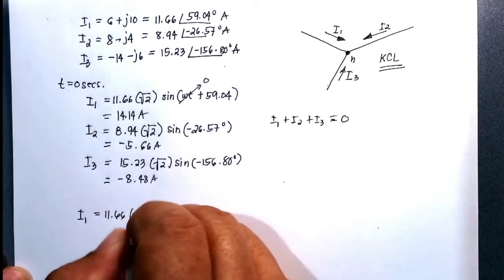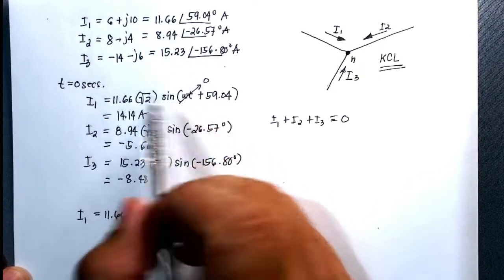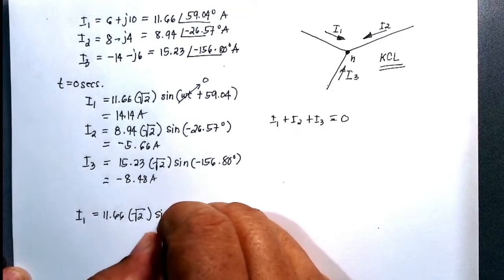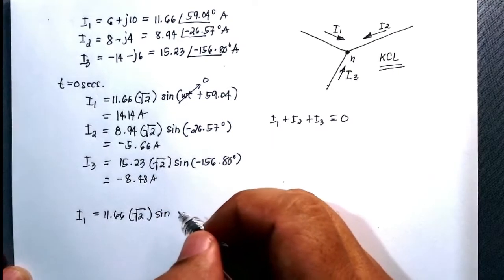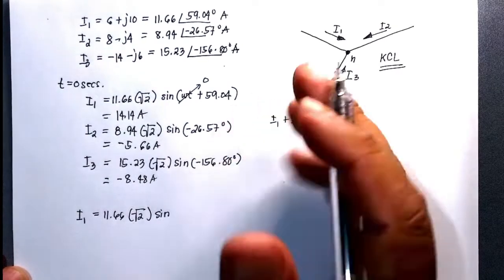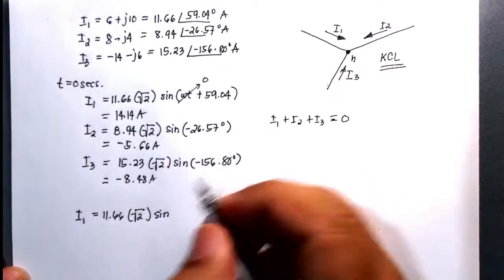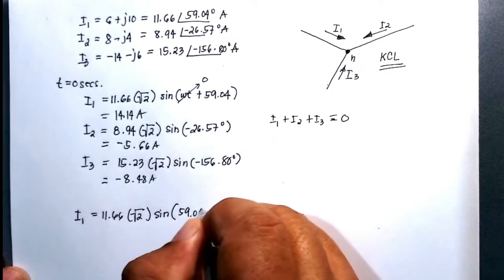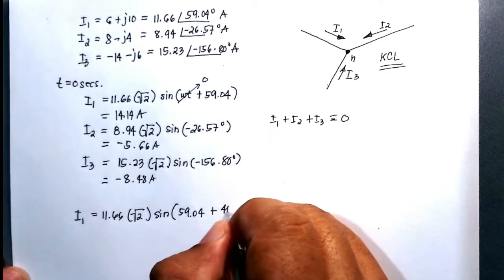I am just showing you that these values are RMS, and I change it to a maximum value, and using this general form, sine omega t plus the angle theta, I am using the 59.04, and let me just add here a value, for instance 40 degree.